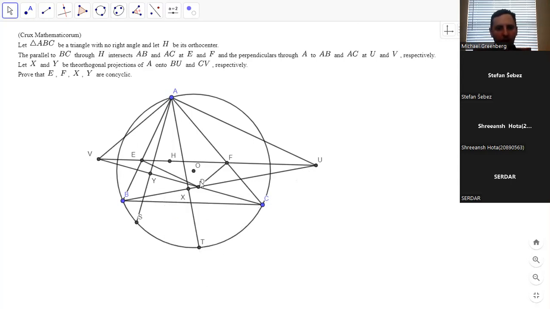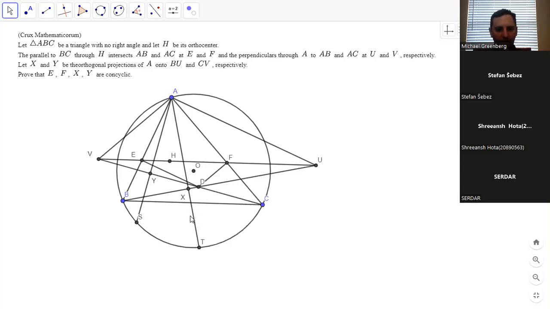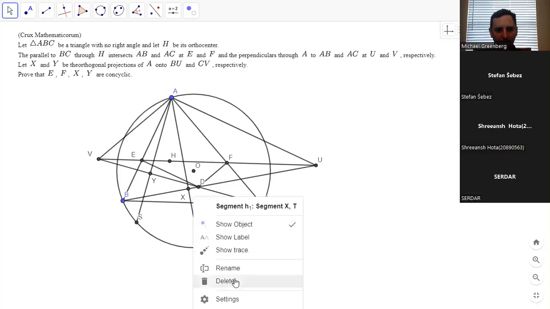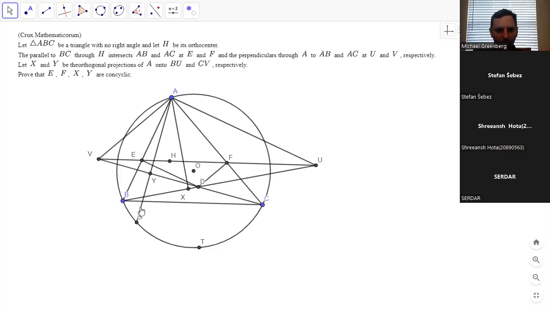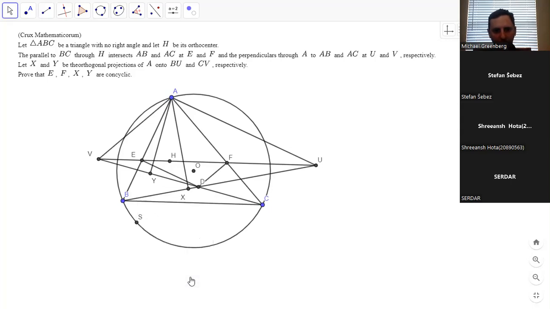Okay. So basically, I'm just going to delete these for now. Oh, whoops, I erased the foot of the altitude. That's my bad.